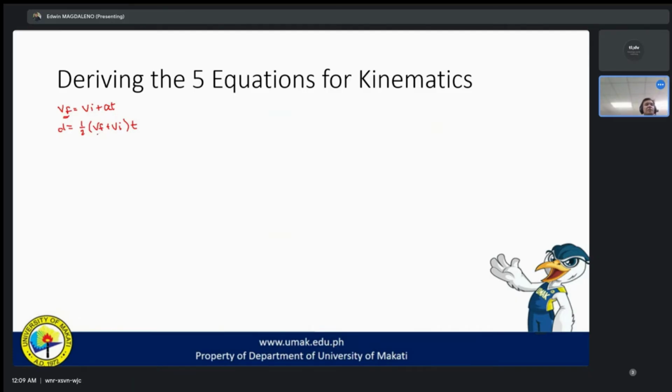So let's change this Vf to Vi plus At. That means displacement should be equal to 1 half Vf, where Vf is equal to Vi plus acceleration times time, plus Vi multiplied by time.